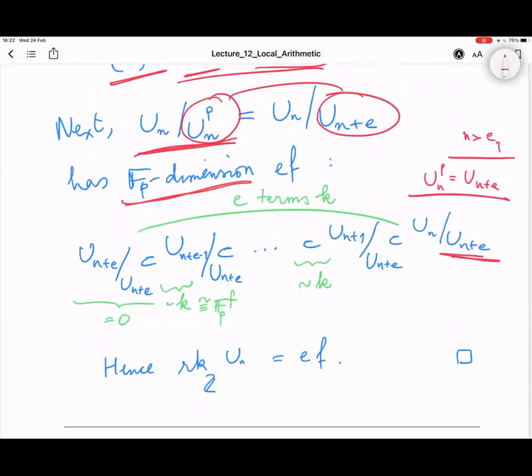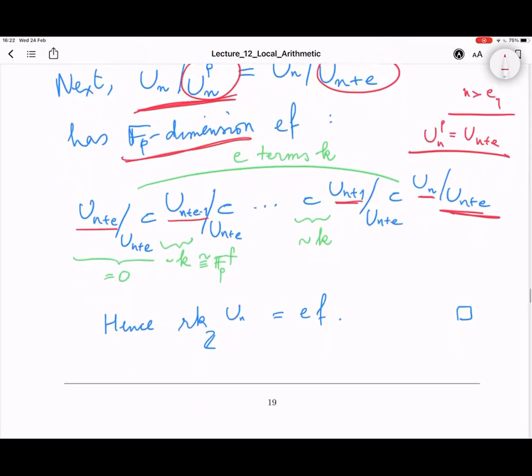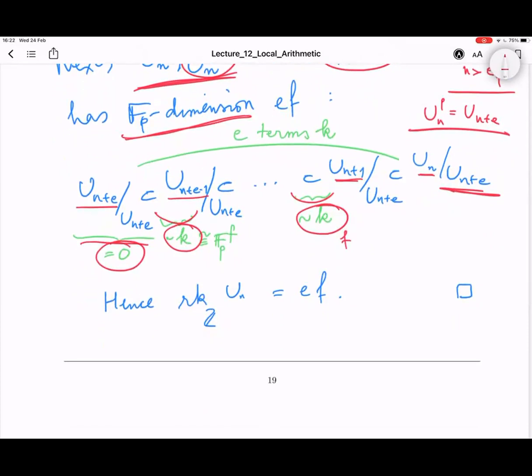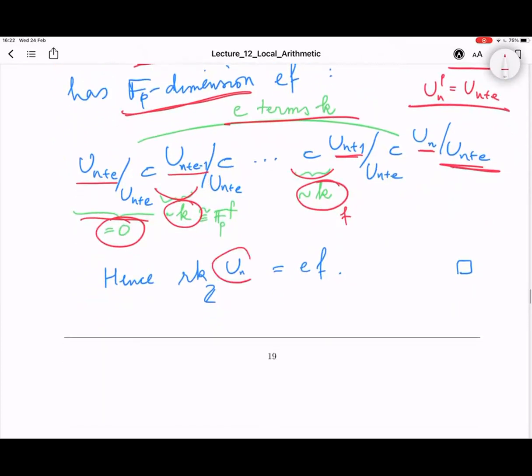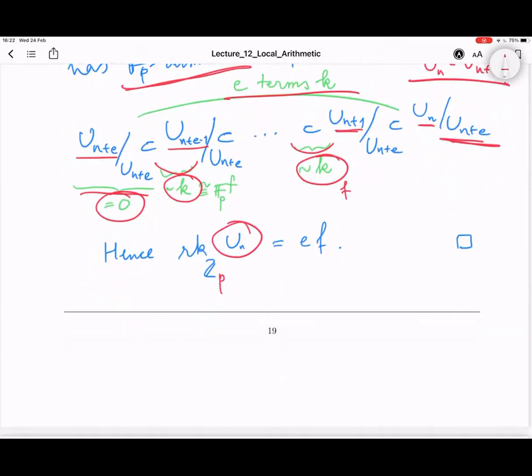So going modulo U_{n+e}, I get a filtration where you have U_n here, U_{n+1} here, U_{n+e-1} here, U_{n+e} here. Here you'll just get 0. Here the quotient is k, here also the quotient is k. So these are all of dimension f over F_p, and there are e terms. So the rank over Z_p of U_n is e times f.